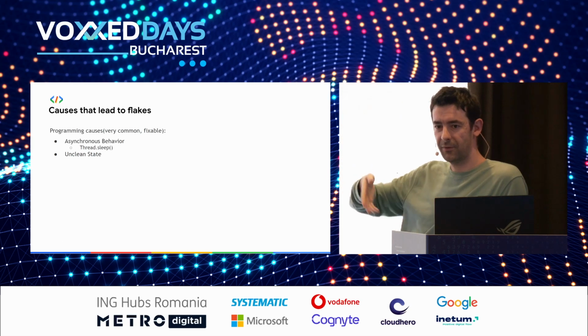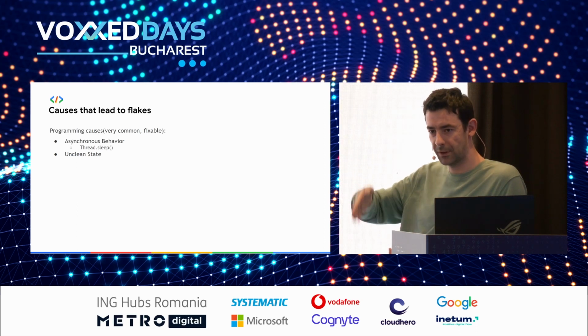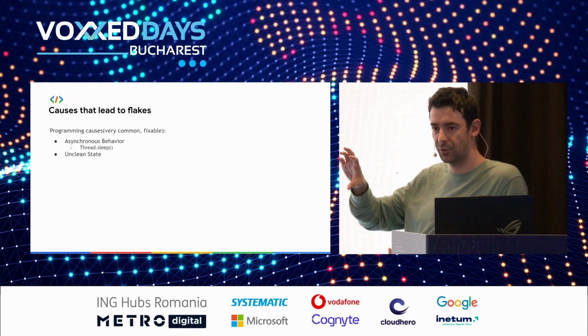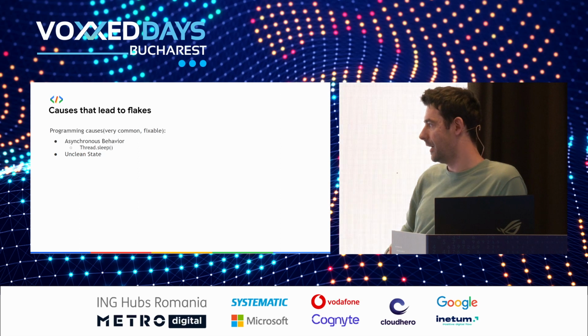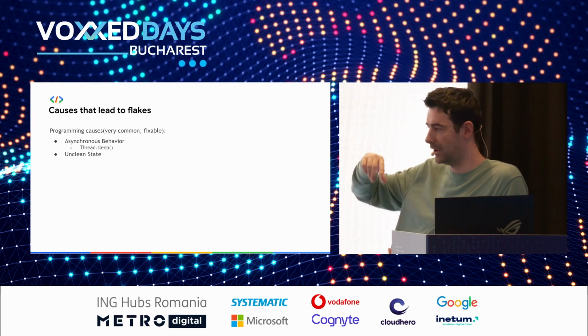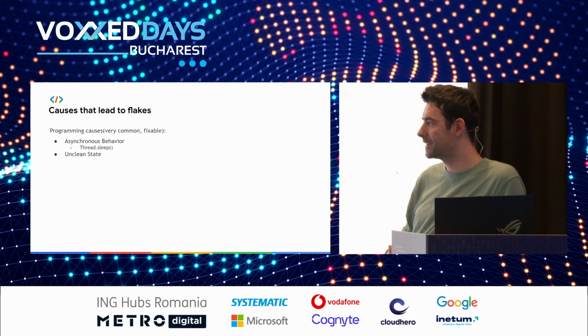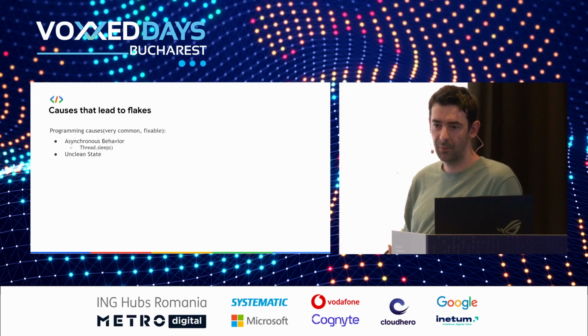So once you have a bunch of tests like that, they will usually pass if you run them all at the same time. But if you run them in isolation, they usually fail, because if you run a test in the middle, it will fail because it needs something that was initialized in the code of the previous test. So that's very simple to spot and very simple to fix. But you would be surprised, it's quite common sometimes.